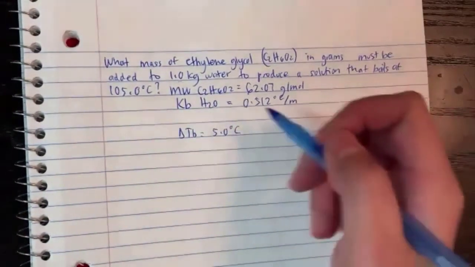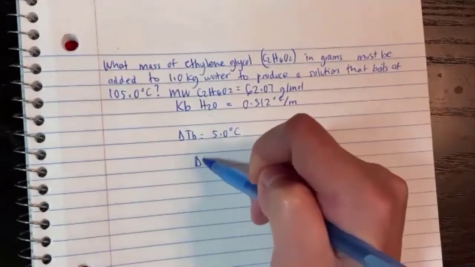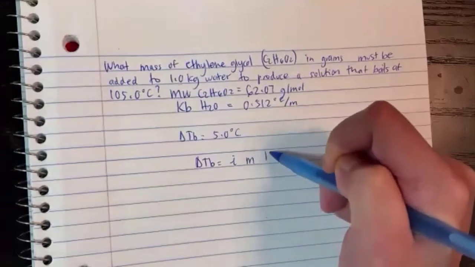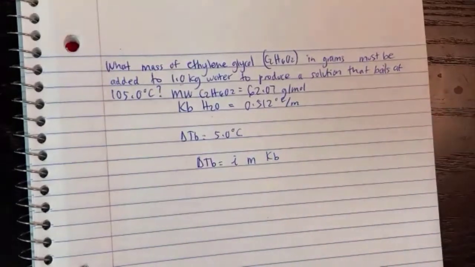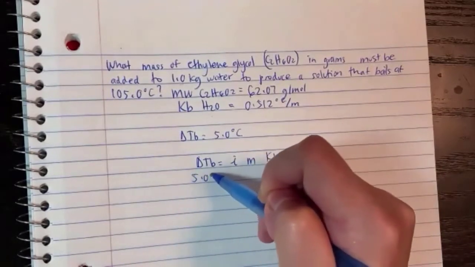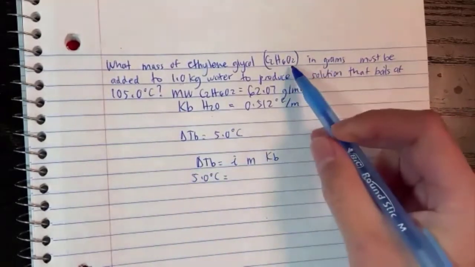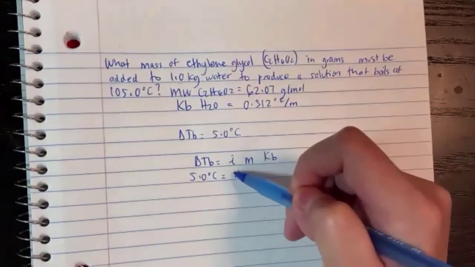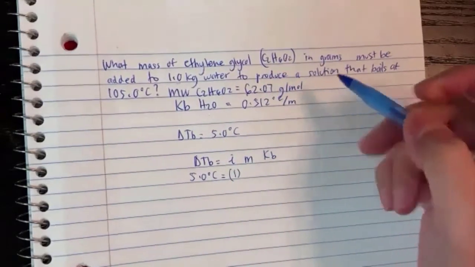Now, what was my formula again? It was delta Tb equals i m Kb. So all I have to do is put this 5 down here. And i is nothing because it doesn't split, so I can ignore it, pretend it's 1. m is molality.